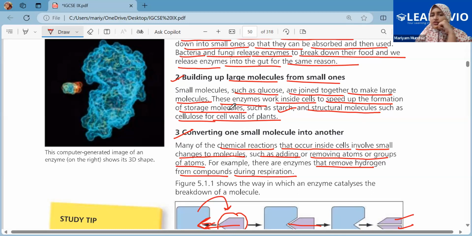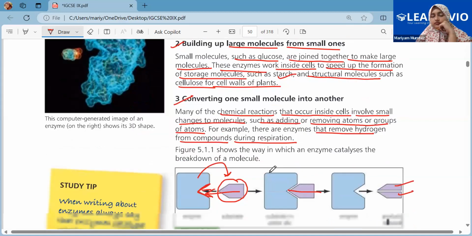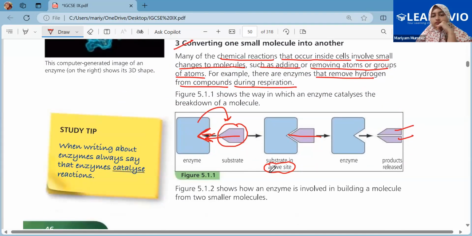The substrates are not storage molecules. Substrates are substances on which the enzymes act. Okay. Small molecules are completely joined together. Many of the chemical reaction.